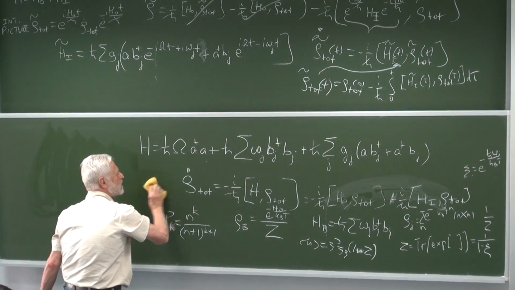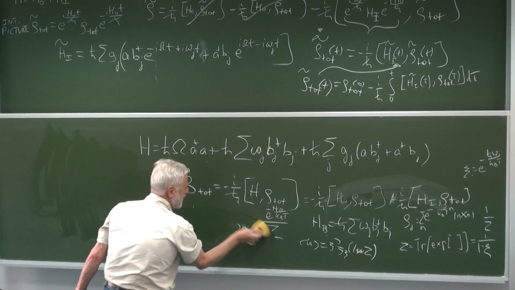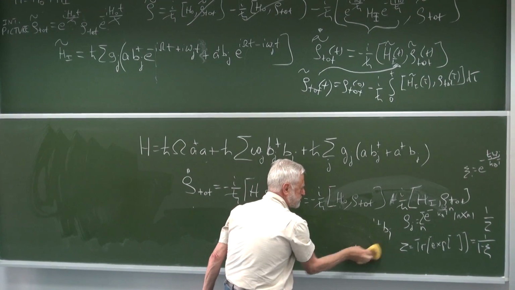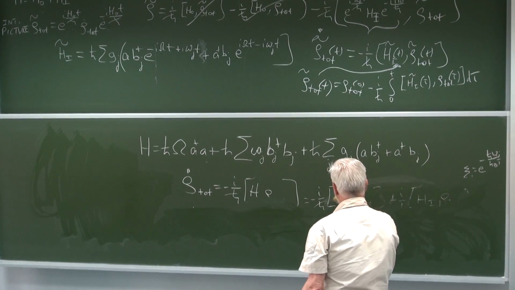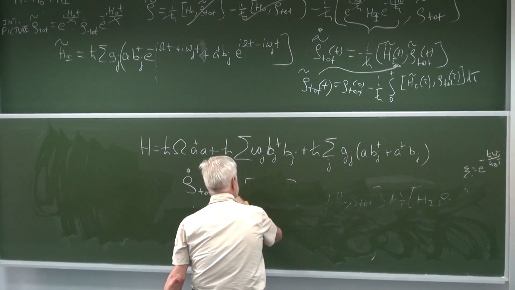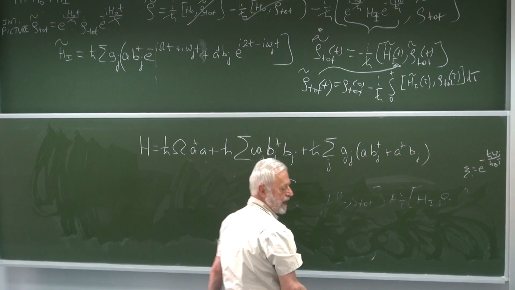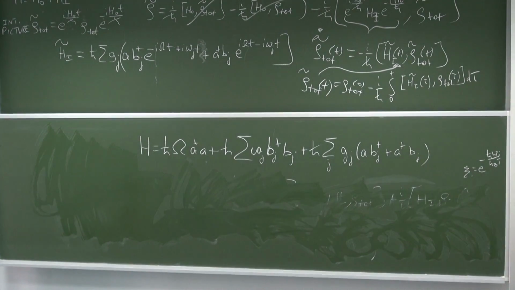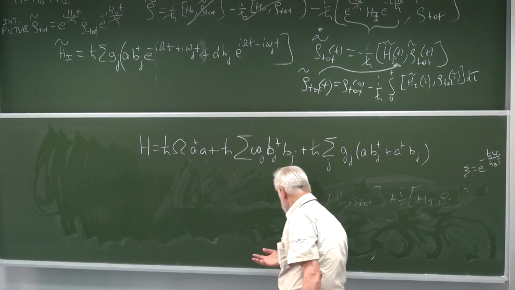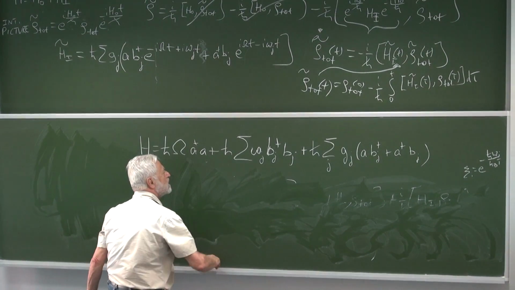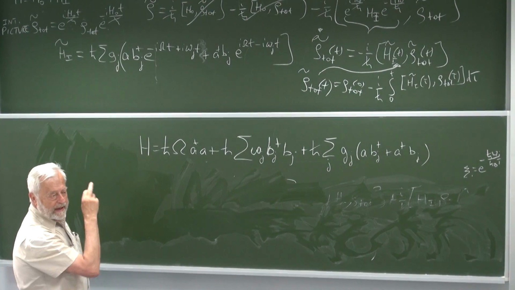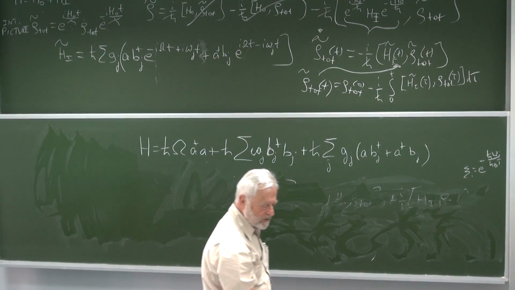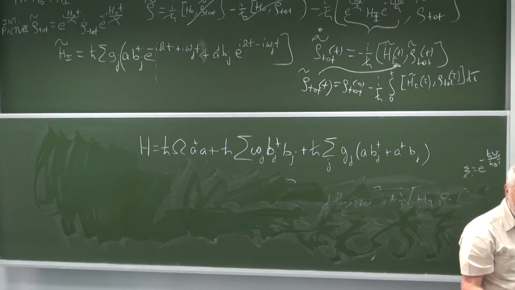Well, it's very simple. Our aim, as I mentioned already several times, is to derive the reduced equation for the reduced density matrix. So very soon we will be taking a trace of both sides of our differential equation with respect to the bath variables.